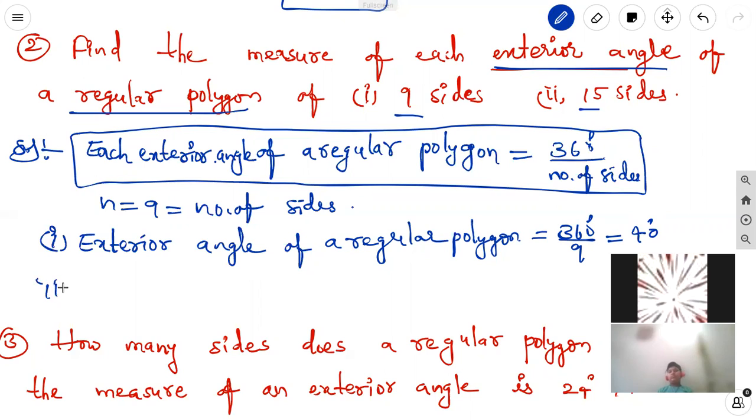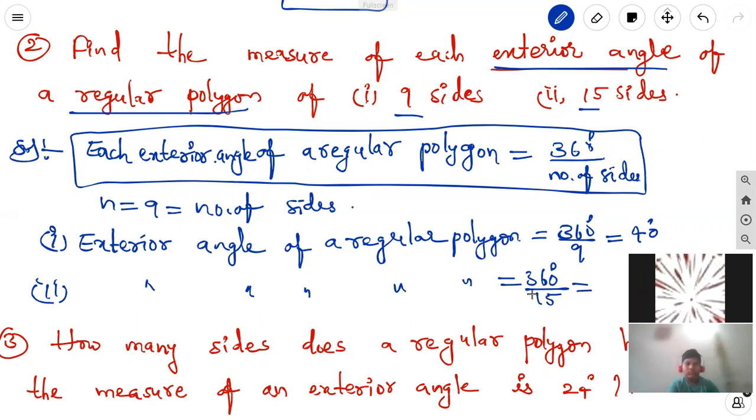In the second case, exterior angle of a regular polygon having the 15 sides, that is equal to 360 by 15. 15 2s are 30, 15 4s are 60, so 24 degrees. So in the 15 sides, the exterior angle is 24 degrees. If the regular polygon having the 9 sides, the exterior angle is 40 degrees. Okay, that is the answer.